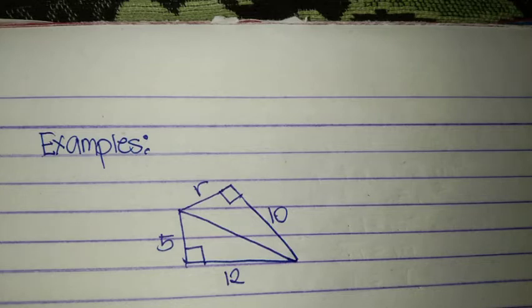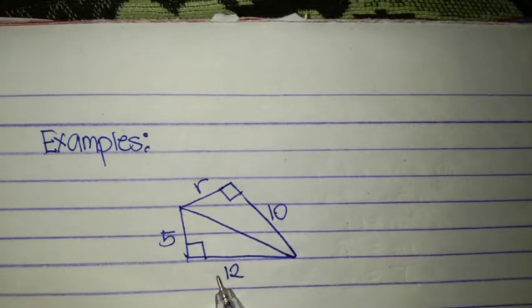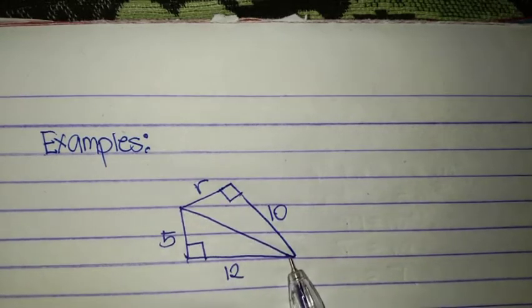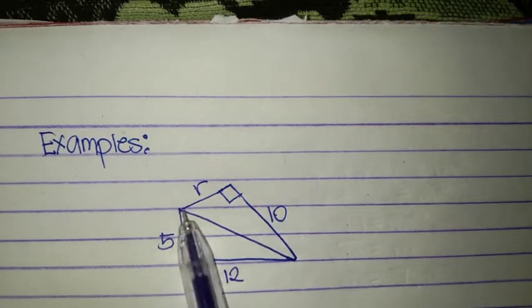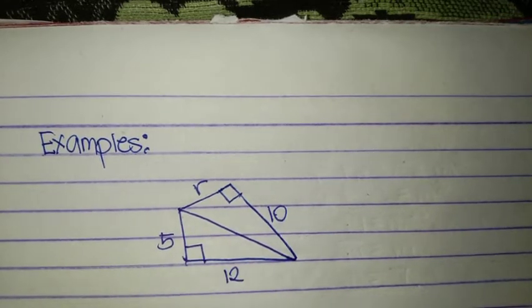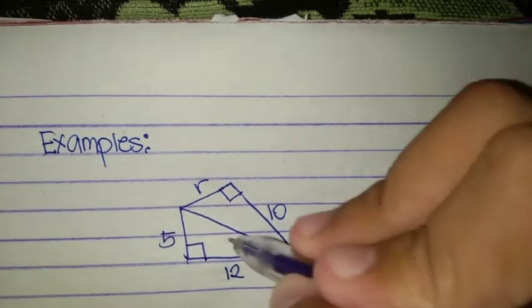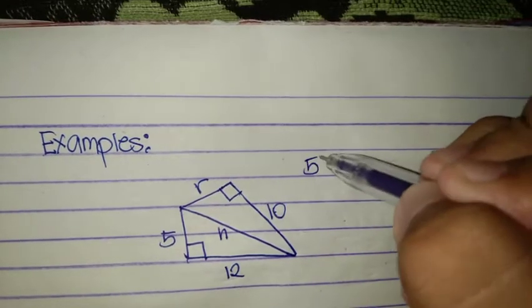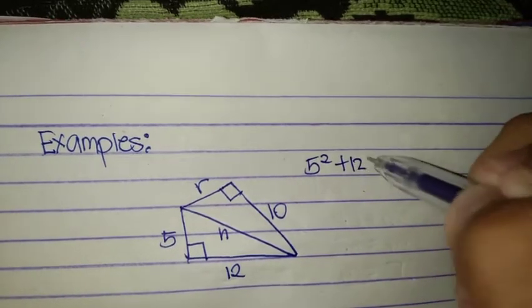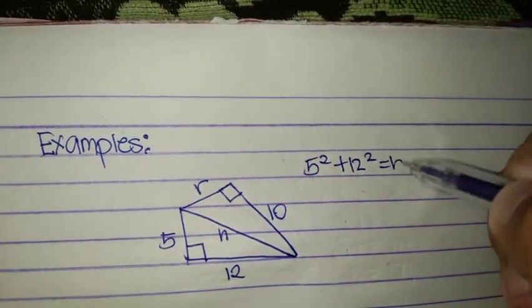First, we must note that they have the same hypotenuse, or the longest side. So we must solve the hypotenuse first. Let H be the hypotenuse of this triangle. So we have the relationship 5 squared plus 12 squared equals H squared.